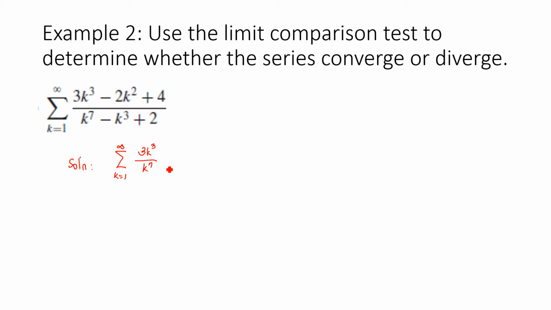And in this case, if we divide the common factor out of the numerator and denominator, this becomes the summation of 3 over k raised to 4, from 1 to infinity. So in this case, we could clearly say that this series converges.